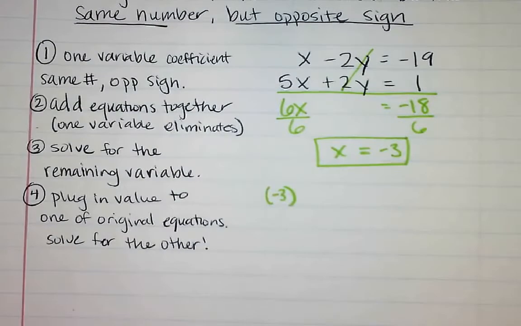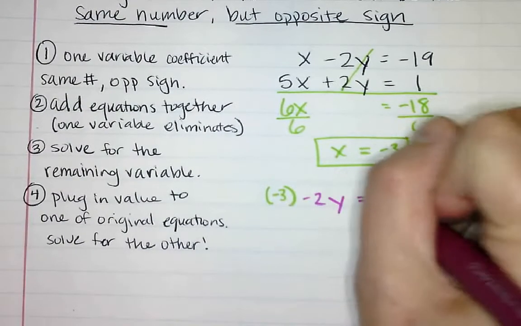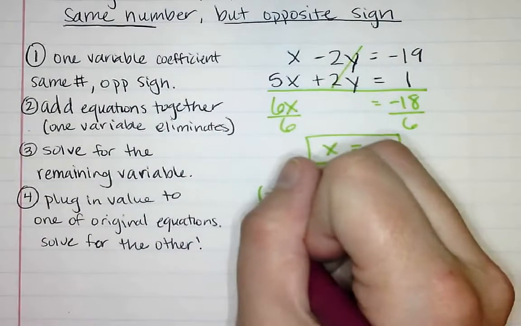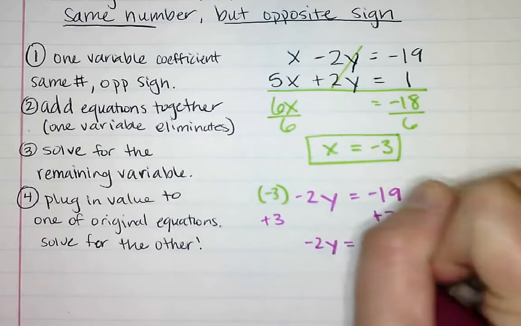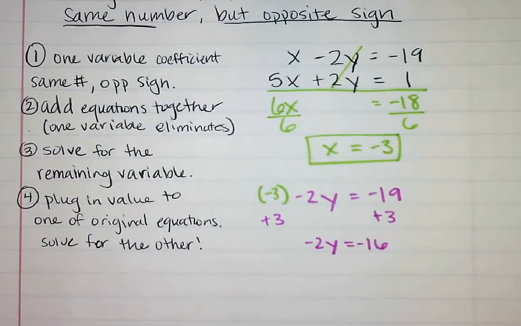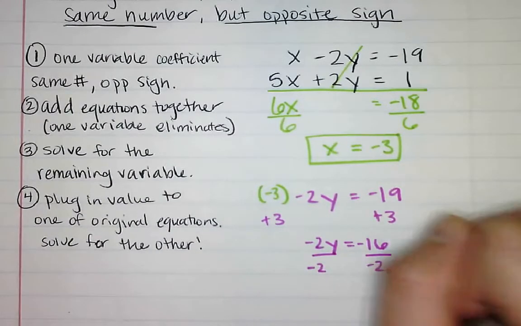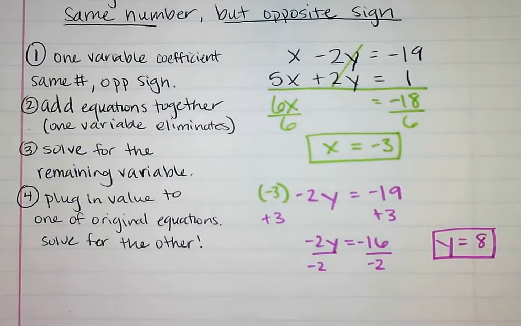So I'm going to say instead of x, I'm going to say -3 minus 2y is equal to -19. Do you feel good about that? Then we are going to add 3 to both sides. So -2y equals -16. What is my y equal to? -16 divided by -2 gives me 8.